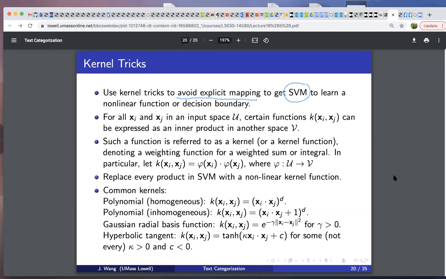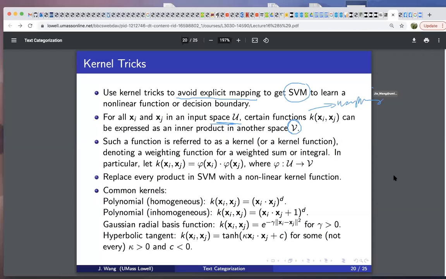Let's say I have these vectors on an input space, let's call it U, xi, xj. The kernel is a function that can be expressed as an inner product in another space V. In other words, we are going to look at a kernel product of two vectors of your current space. So a kernel is just a mapping, it's just a mapping.